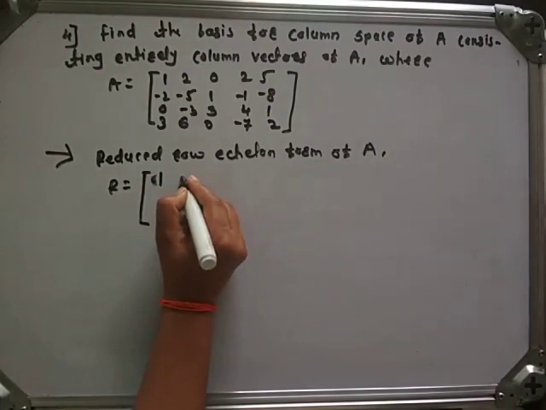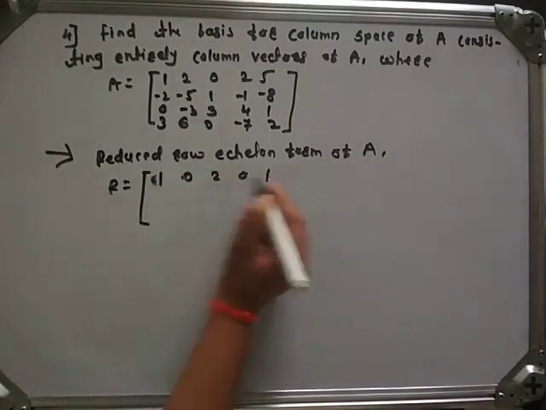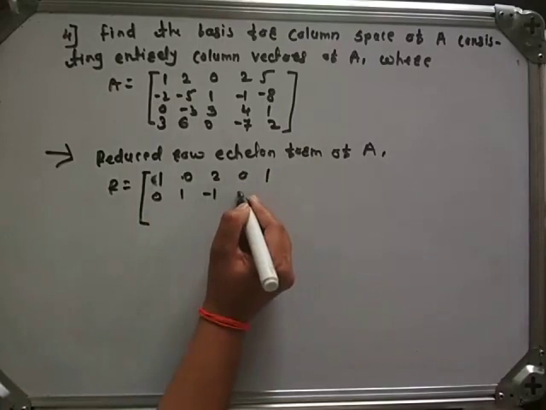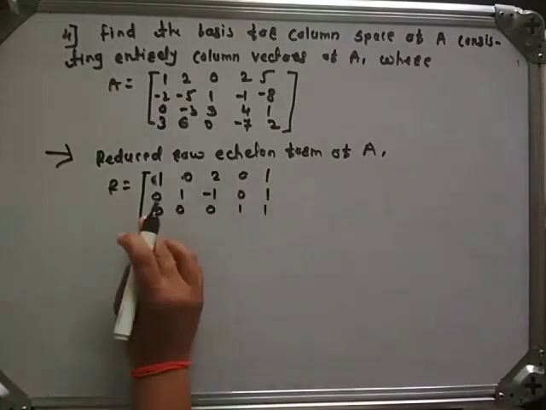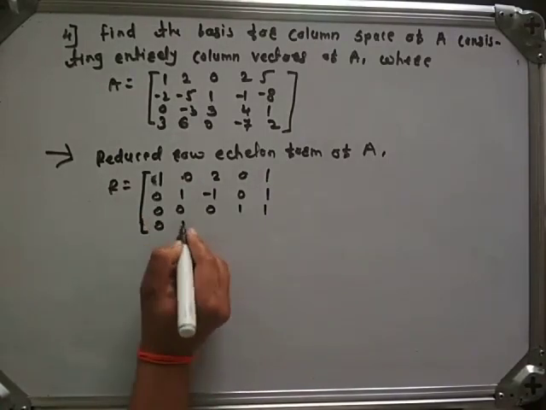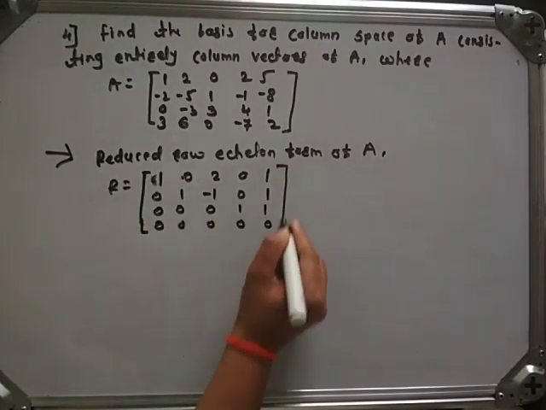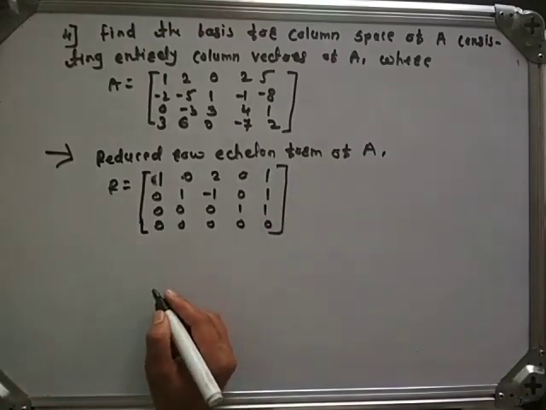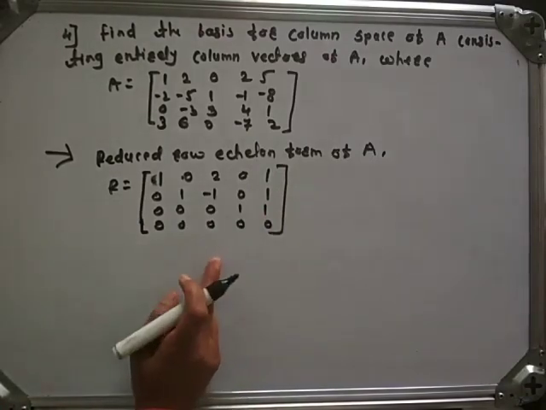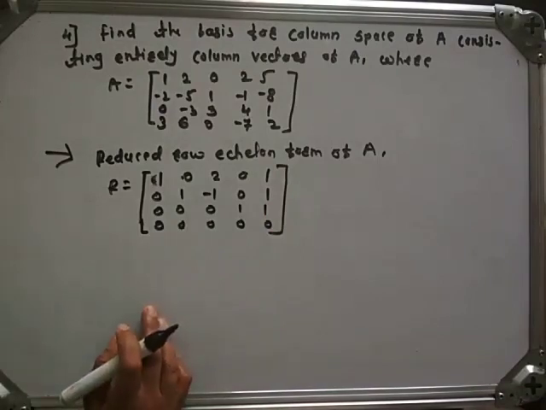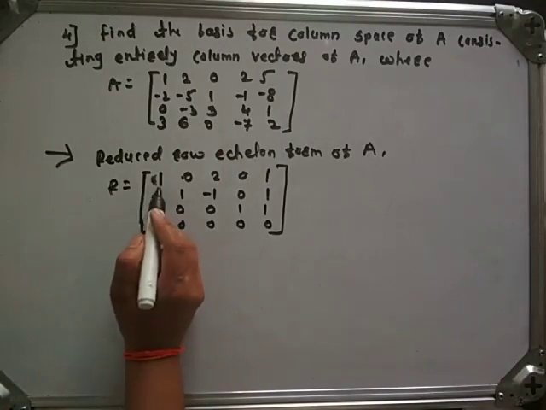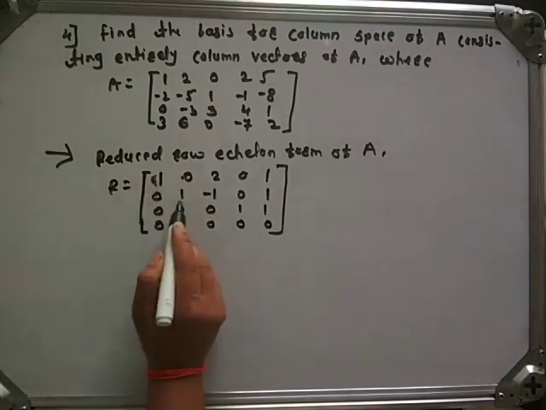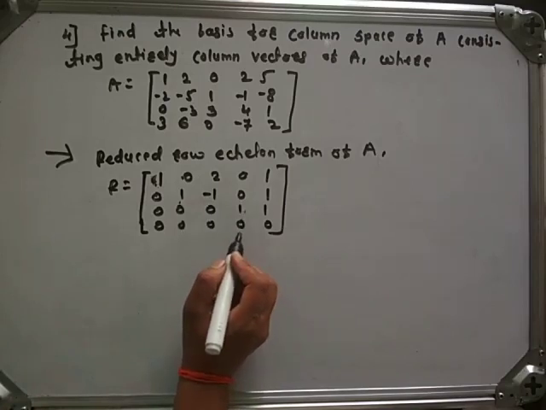That reduced row echelon form is 1, 0, 2, 0, 1; 0, 1, minus 1, 0, 1; 0, 0, 0, 1, 1; 0, 0, 0, 0, 0. This is the reduced row echelon form of A. See here, students, column 1 contains a leading 1, column 2 contains a leading 1, and column 4 contains a leading 1.